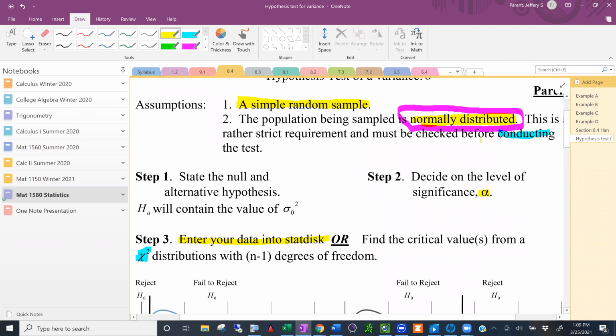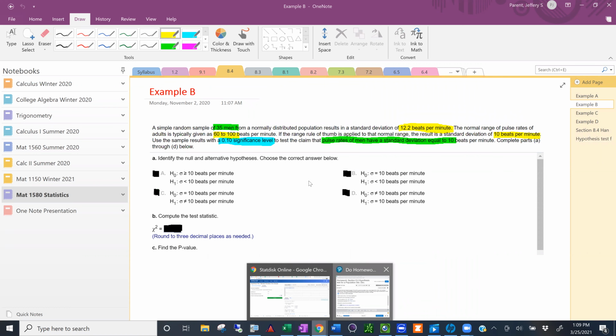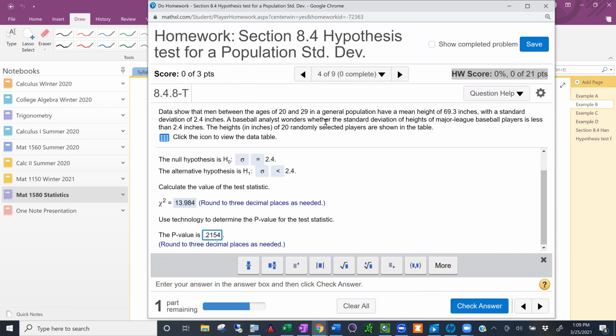Actually, we kind of extemporized on that one. That one was right here. The standard deviation of heights of Major League Baseball players is less than 2.4 inches. I know it's a little wordy, but we need to write it out as is.